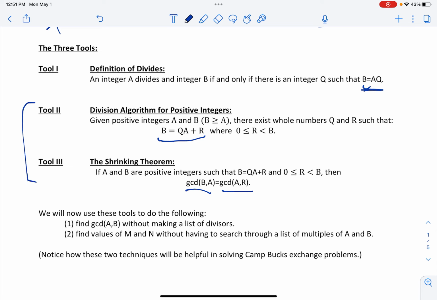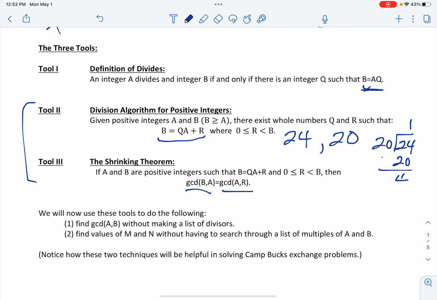So let's choose some A and B, and then maybe ones that we have chosen in the past. Let's just try 24 and 20, right? Let's say that those are your A and your B. Then if you do 20 into 24, it goes one time with 4 left over, right?